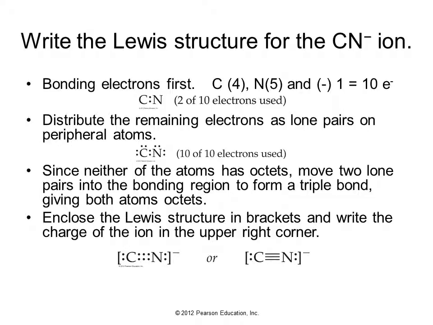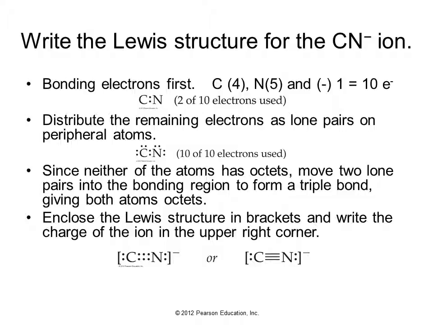So bonding electrons first. We simply connect carbon and nitrogen with a bond pair. So 2 electrons used. We now have 8 remaining. We distribute the remaining electrons as lone pairs on the peripheral atoms. We have 4 on this one, and we put 4 on this one, and then we have used all 10 electrons.